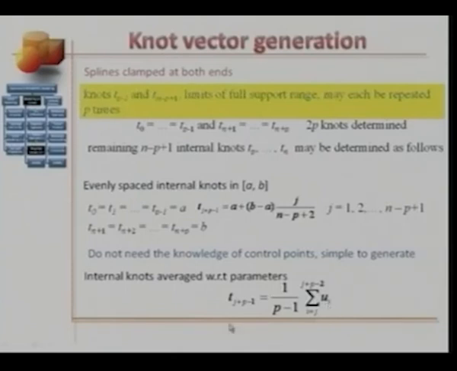Here again, T0, T1 up till Tp minus 1, they are all equal to A, and Tn plus 1, Tn plus 2, Tn plus 3 up till Tn plus p are all equal to B. Now what's happening here?